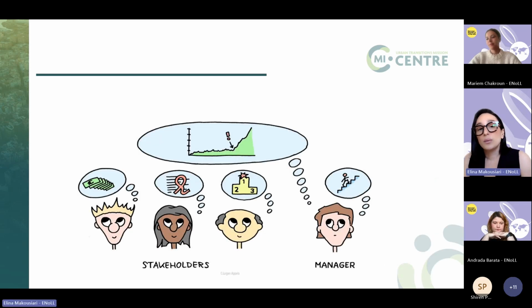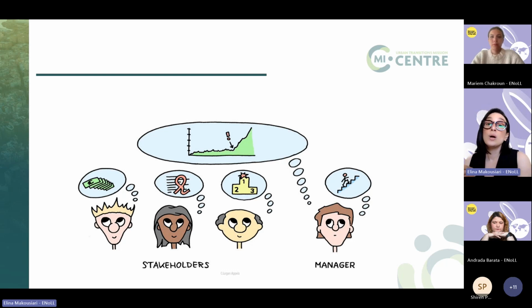It's also very important to have in mind that when you aim to get them together and co-create together, the stakeholders that are coming might come with their own agendas, with their own perspectives, right? You want their perspectives, of course, to be brought to the table and shared with the rest.